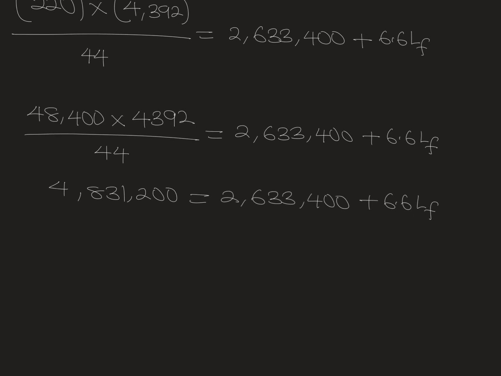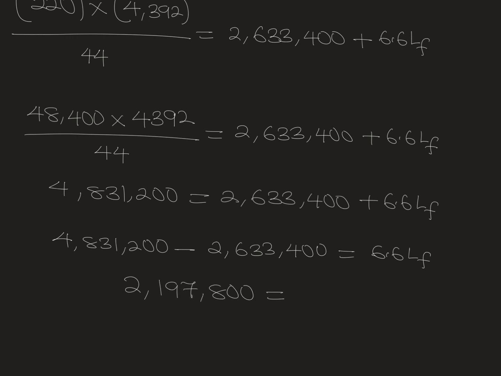So by collecting like terms, you will say 4,831,200 minus 2,633,400 is equal to 6.6 LF. 4,831,200 minus 2,633,400 gives 2,197,800. This is equal to 6.6 LF.